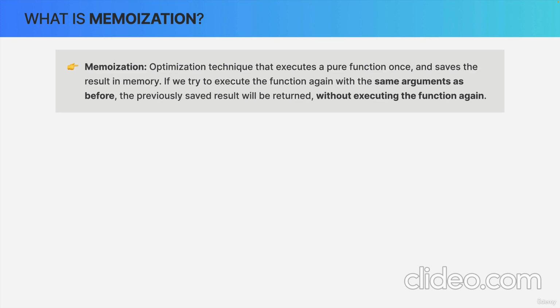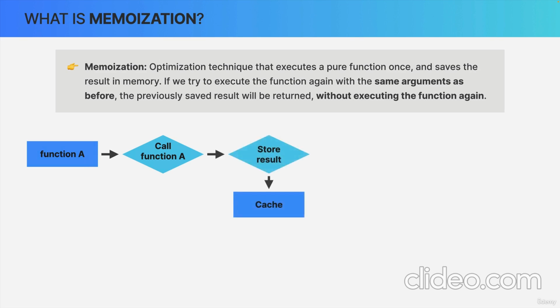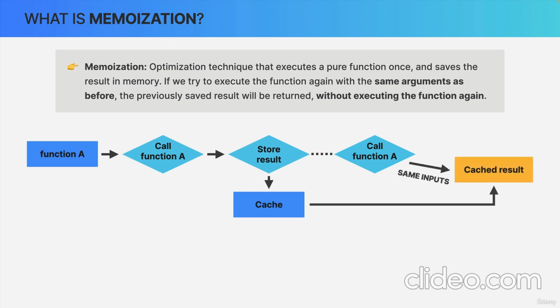Memoization is an optimization technique that executes a pure function one time, so let's say function A, and then it stores the result in memory, so in a cache. Then, if we later try to execute the same function again with the same inputs, it will simply return the result that was previously stored in the cache.